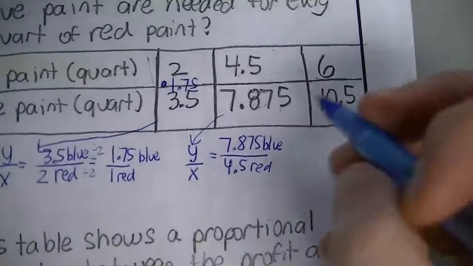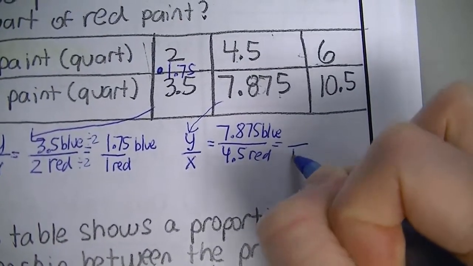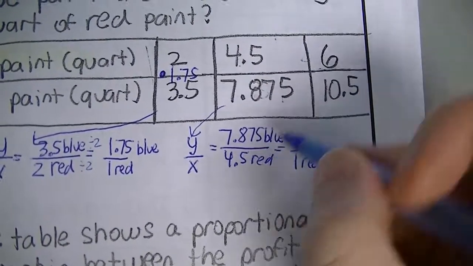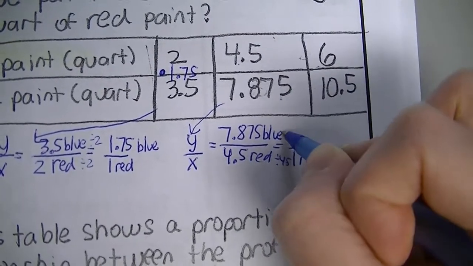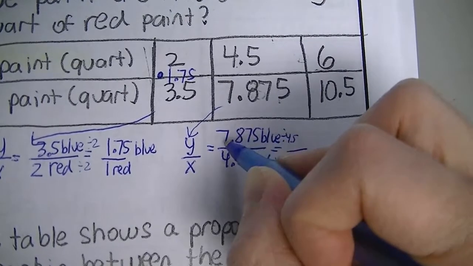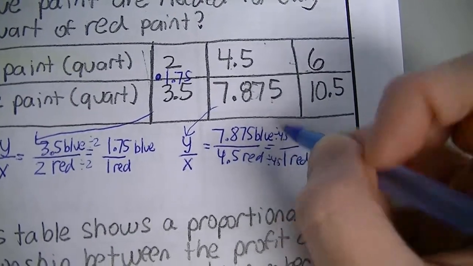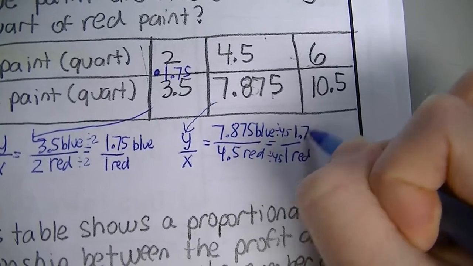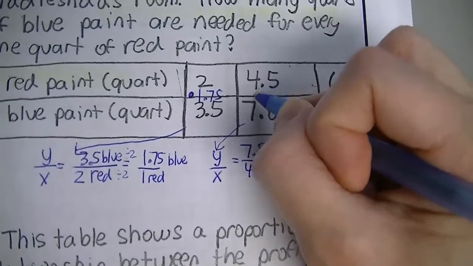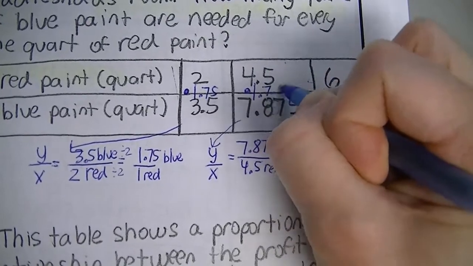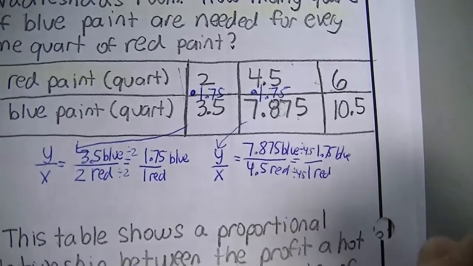We got to find that unit rate, okay? So you want 1 on the denominator. So 4.5 divided by 4.5 gets you 1. So we got to take this value and divide it by 4.5. And you also get 1 75/100 quarts blue for 1 quart red. So again, you took that x value, you can multiply by 1 75/100 to get that y value.